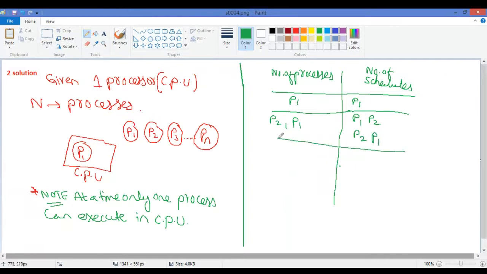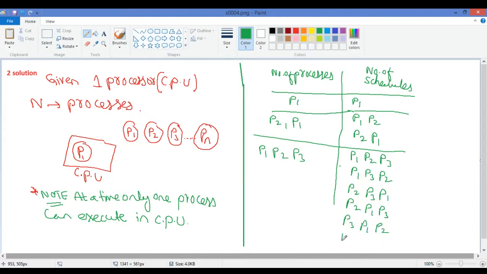So you get two possible schedules. Suppose you have three processes: P1, P2, and P3. You can execute P1, P2, P3, or P1, P3, P2, or P2, P3, P1, or P2, P1, P3, or P3, P1, P2, or P3, P2, P1.